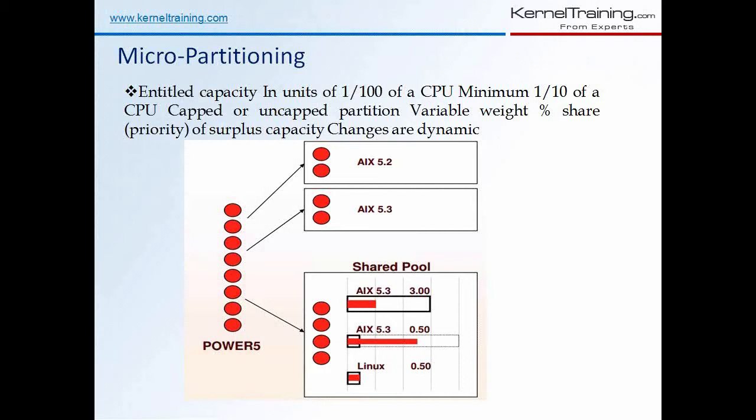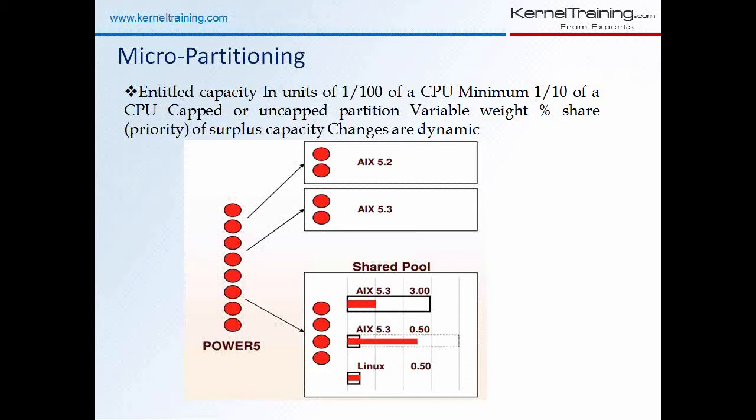Take the example of a test server where you are not using micro-partitioning. For the test LPAR, I need dedicated resources: a dedicated processor, some RAM, and IO slots, one for disk IO and one for network IO.